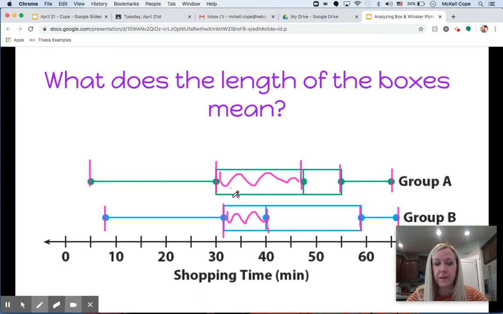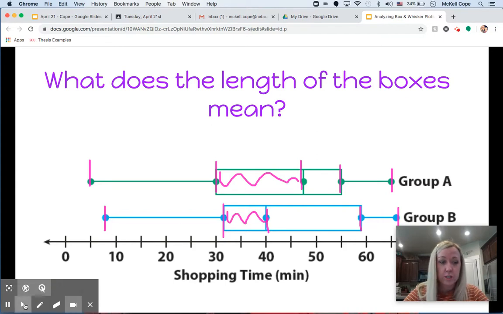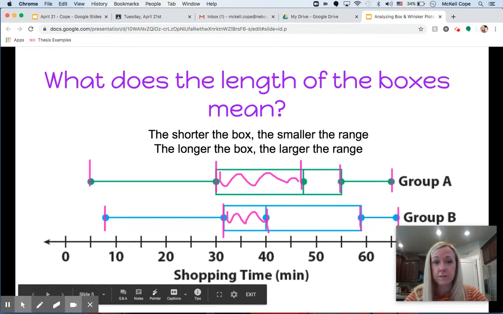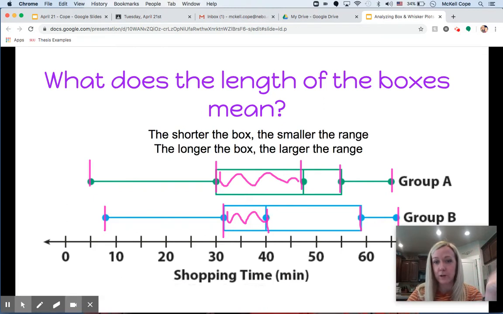So what that means is that this right here has a shorter range. There's not as big of a span of numbers. So when you see a longer box, that means you have a larger range. The shorter box, this one right here, only has an 8 number span, from 32 to 40.